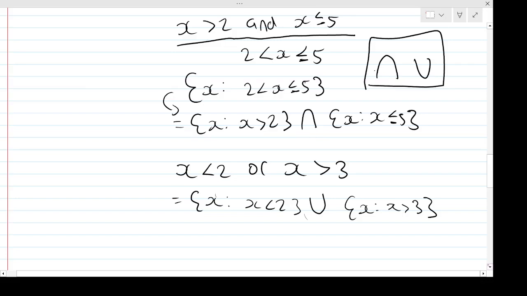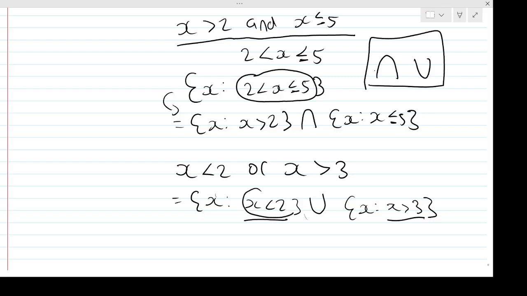And the other idea is that you can't have two inequalities in one bracket. If in this case, at the last example, again, you need to split it up if you have two different inequalities. If you can combine it into one inequality, then that's still one inequality, like that example. But when you have to physically split it up into two, like this, then you need to split up into two different sets.